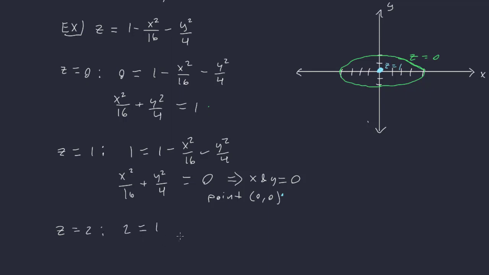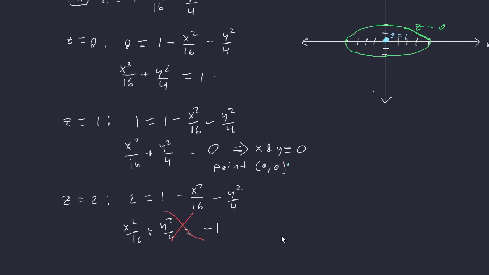Because if we had 2 is equal to 1 minus x squared over 16 minus y squared over 4, if we move things around, we would get x squared over 16 plus y squared over 4 equals negative 1, and this will never happen, because these guys will always be positive, so it can never equal a negative 1. Okay, so we don't have a contour for z equals 2 or anything above that.